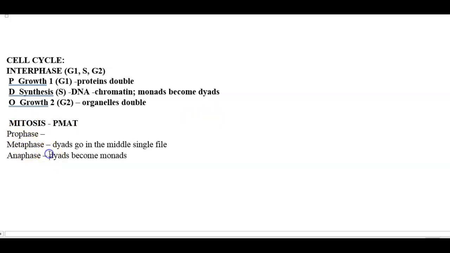So let's start over here. Sister chromatids go, let's make that A, capital, go apart. So sister chromatids go apart. A, anaphase. Dyads become monads.